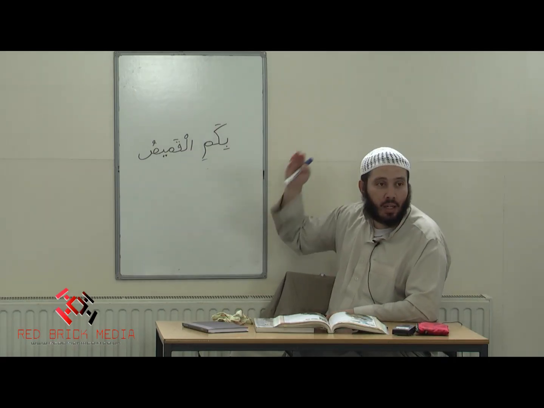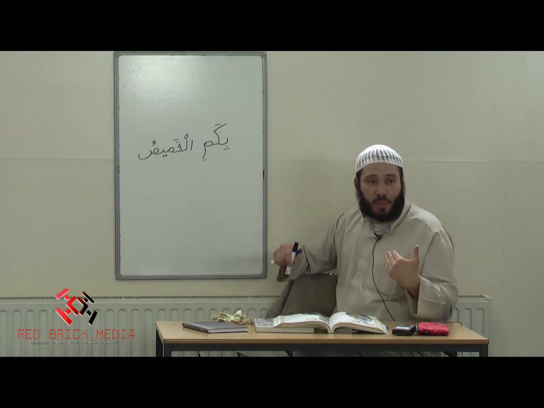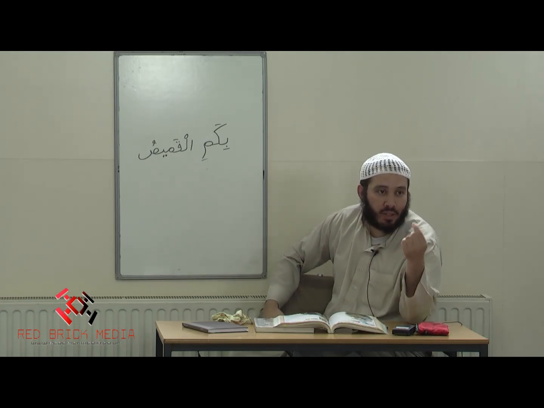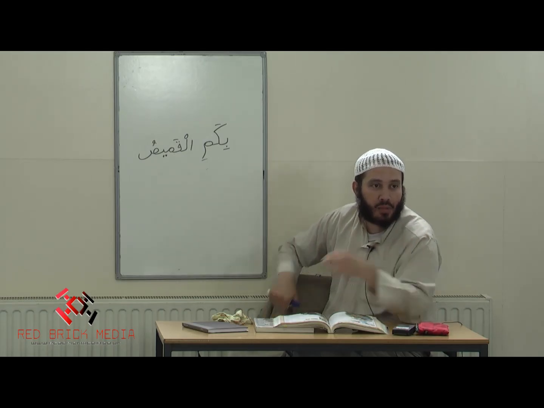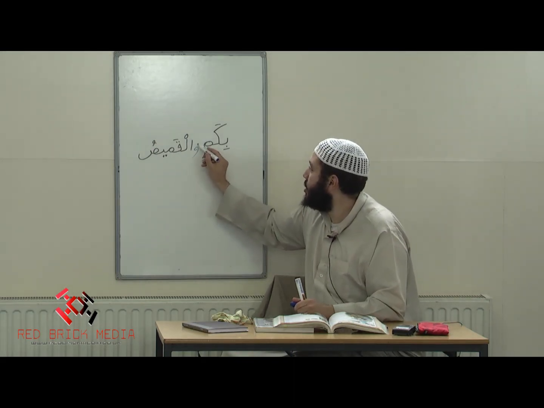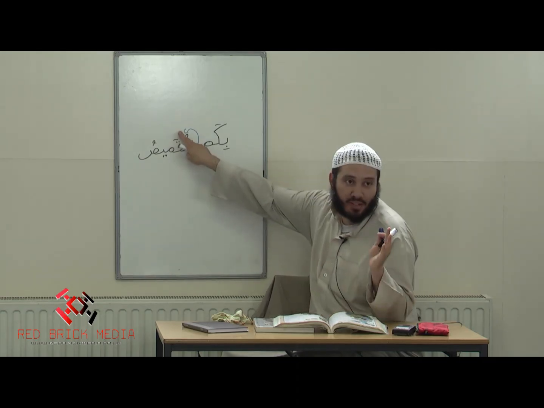You say al-qamisu in the beginning. But if something comes before it, even one letter, it goes. You say wal qamisu. If you put just one letter before, you go directly to the lam. But you still have to write it.